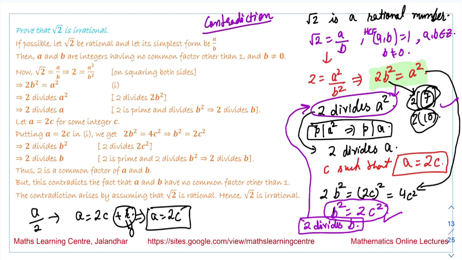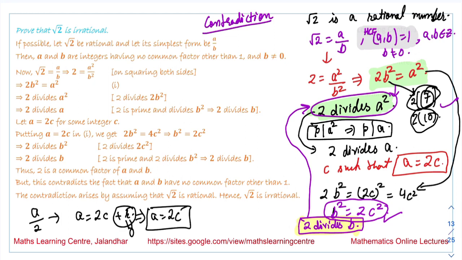So we now have two things: 2 divides a, and 2 divides b. It means 2 is a common factor of both a and b. But what did we consider over here? We considered that HCF of a and b is 1.